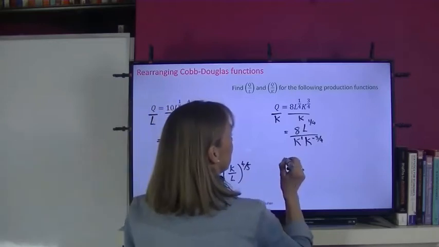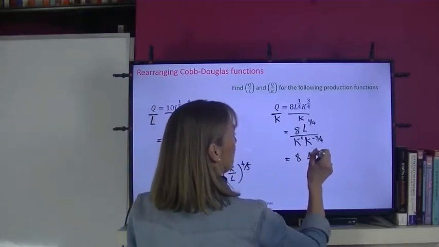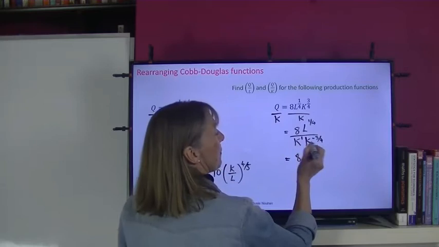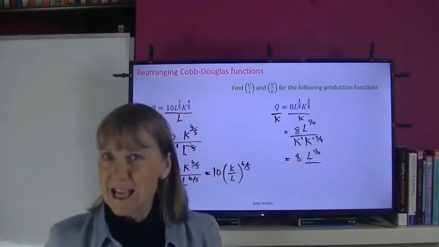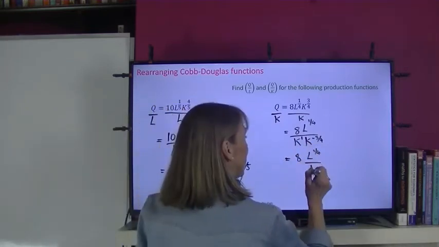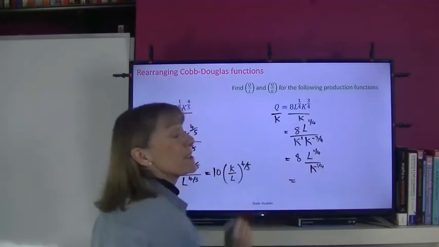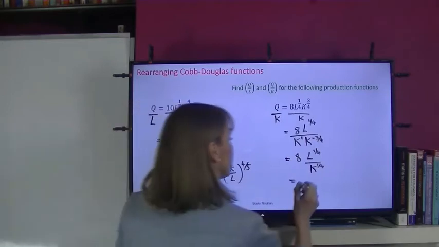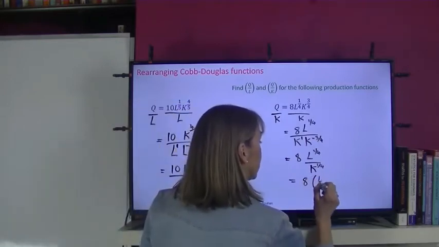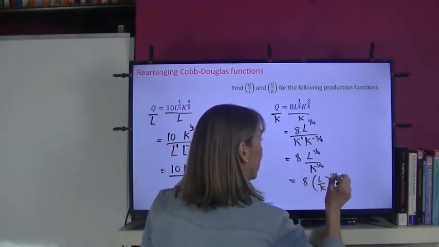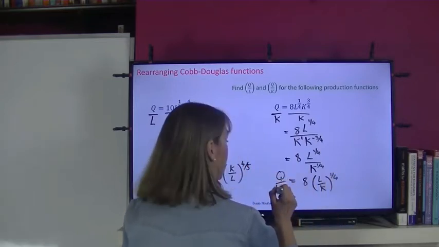So this will equal 8L to a quarter over, and now these two are multiplied together, so I add the powers, so this is going to be K to a quarter, and because those two have the same power, I can put them inside one fraction in brackets and put the power outside.